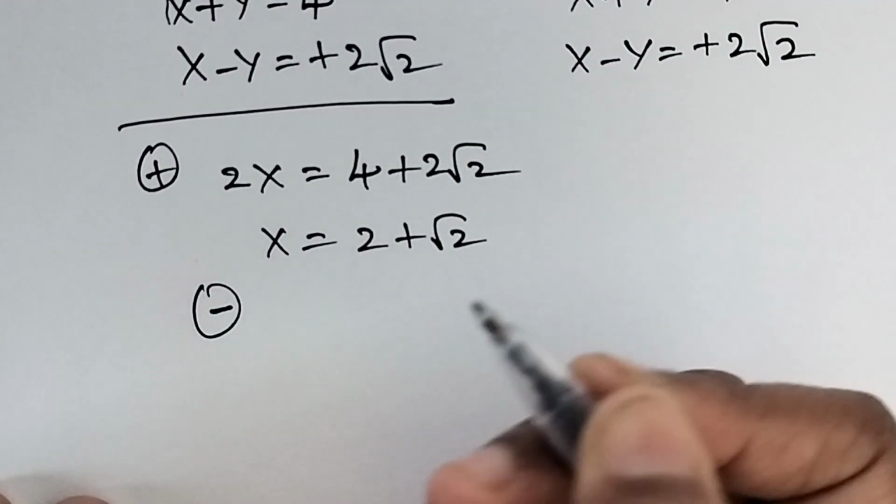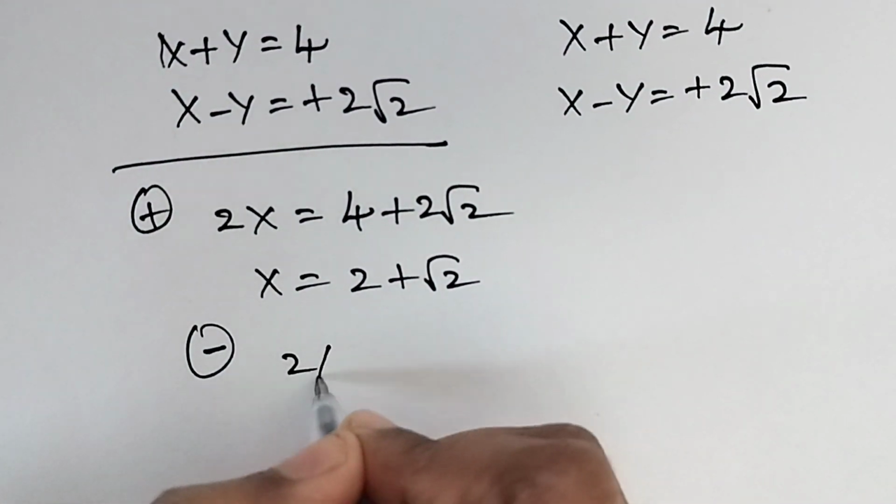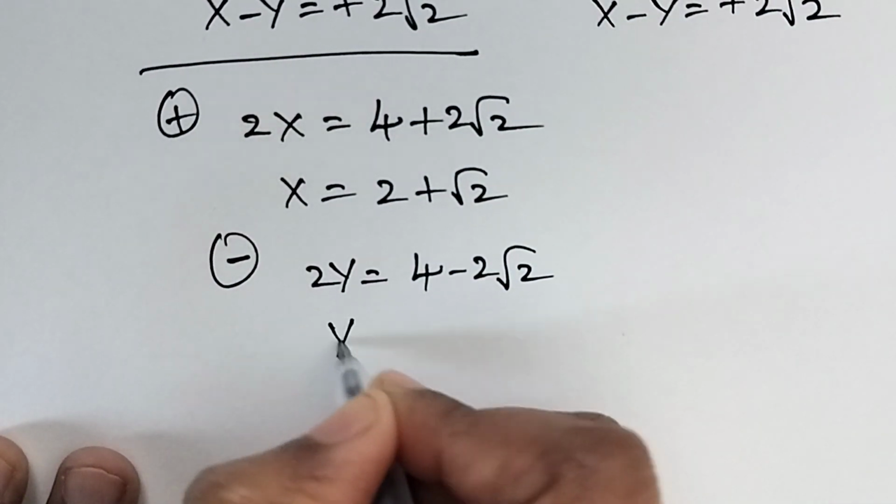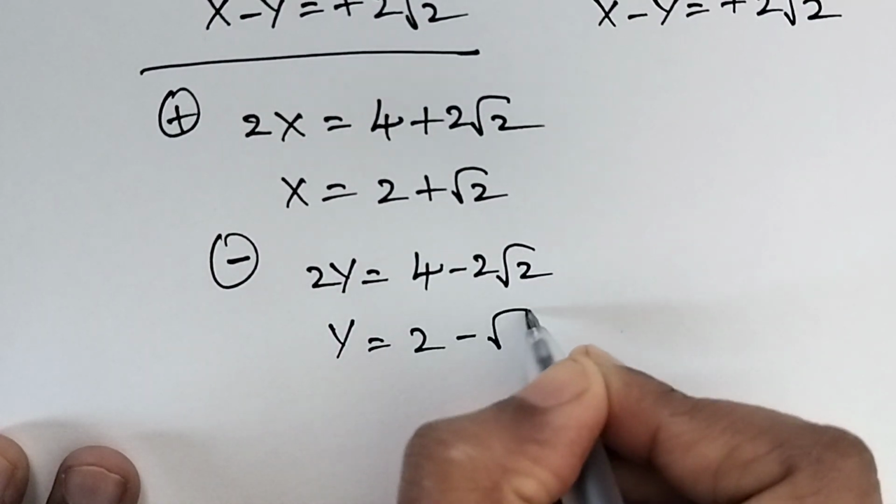If we subtract, we'll get 2y is equal to 4 minus 2 square root of 2, and y is equal to 2 minus square root of 2.